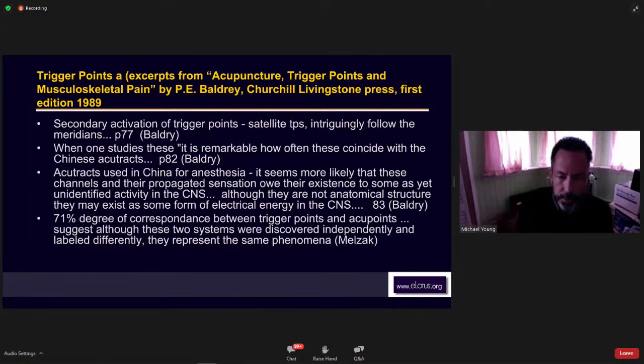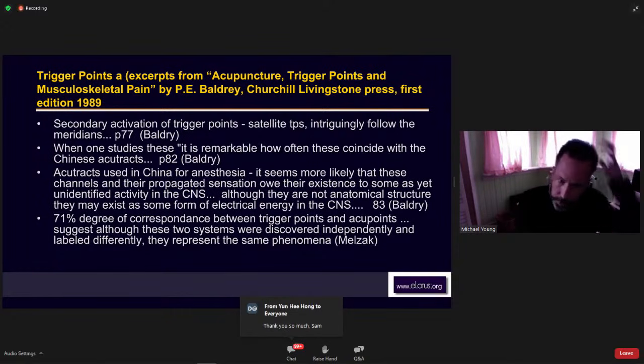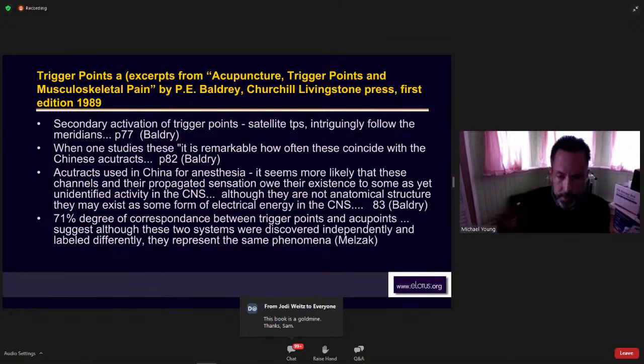I mean, obviously it treats the body too, but I think there's a piece of the brain that is treated with acupuncture, and it connects with trigger point theory. They're not anatomical structures. They may exist as some form of electrical energy in the central nervous system, according to Baldry. Melzack and colleagues, who wrote a big book on pain, believed there was a 71% degree of correspondence between trigger points and acupoints.